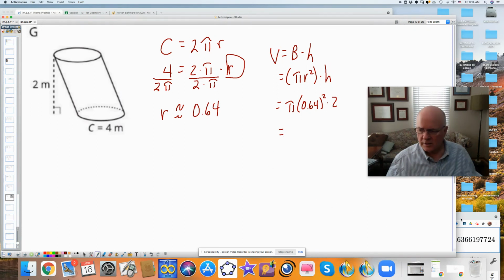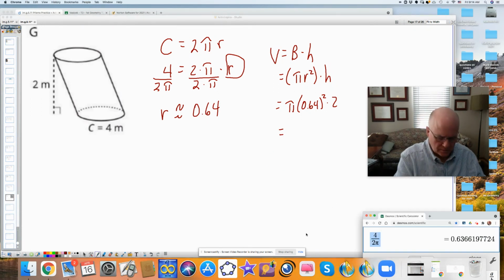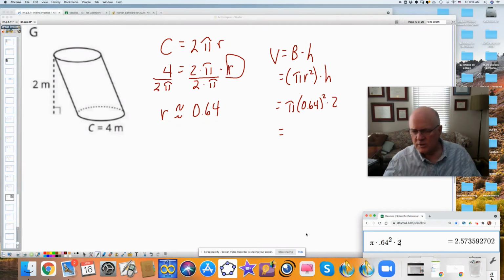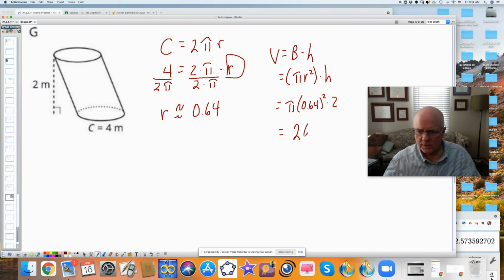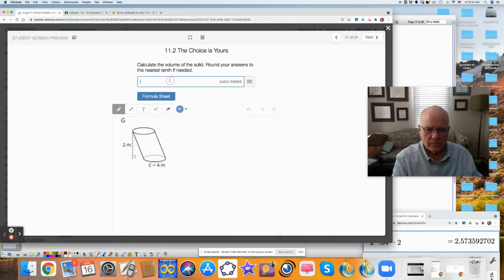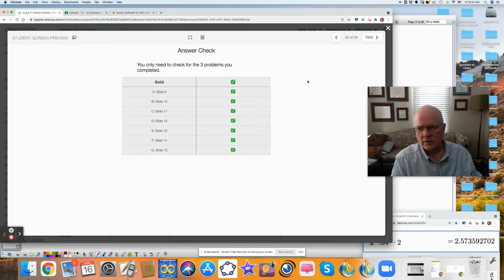And I'll plug that into the calculator. Pi times 0.64 squared times 2. I get 2.6 when I round it to 1 decimal. And we plug that into our Desmos here and check our answer. And sure enough, it is correct.